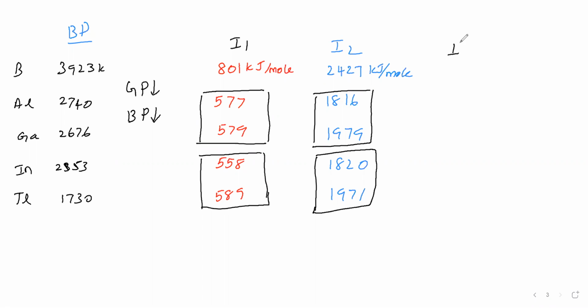Next we will see the third ionization enthalpy. Boron third ionization enthalpy is 3659 kilojoule per mole. For aluminum 2744. For gallium 2962.